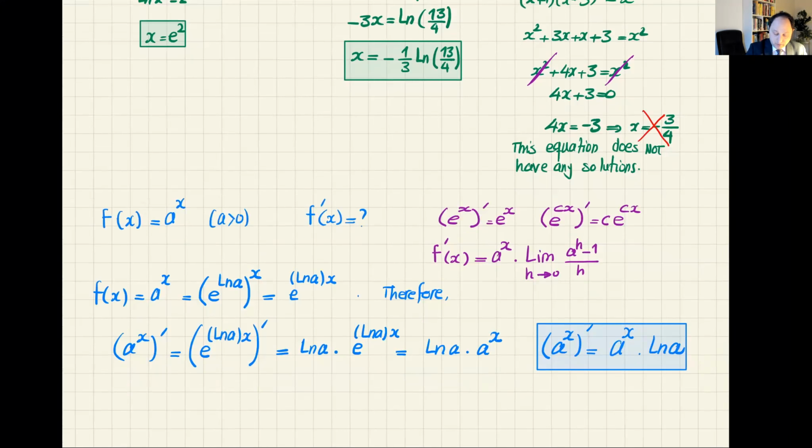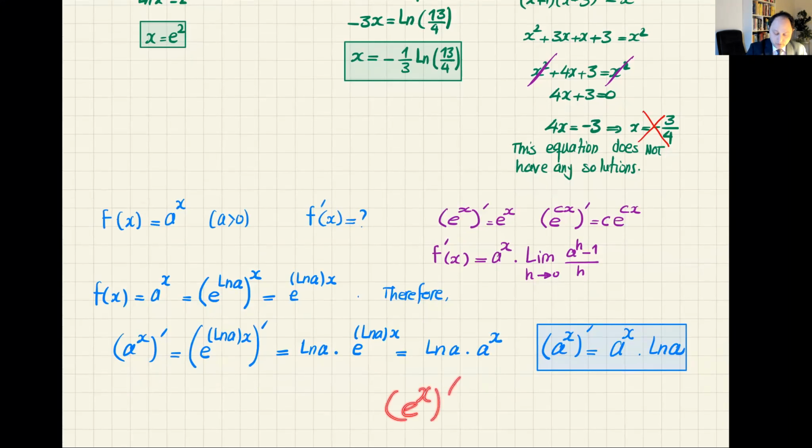By the way, if I ask you what is this one, you can also use this rule. Yes, it becomes the same function multiplied by ln of e, but ln of e is just 1, so you get the formula back. So this is one thing. Another one that is written in the book, what happens if I want to go further? Before going further, let me just tell you something here.